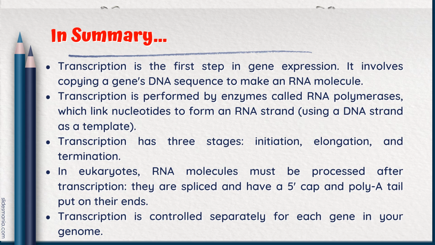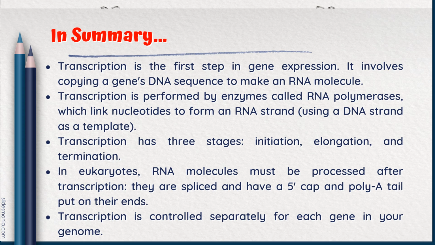In summary, transcription is the first step in gene expression, which involves copying a gene's DNA sequence to make an RNA molecule. Transcription is performed by an enzyme called RNA polymerase, which links nucleotides to form an RNA strand using a DNA strand as a template.